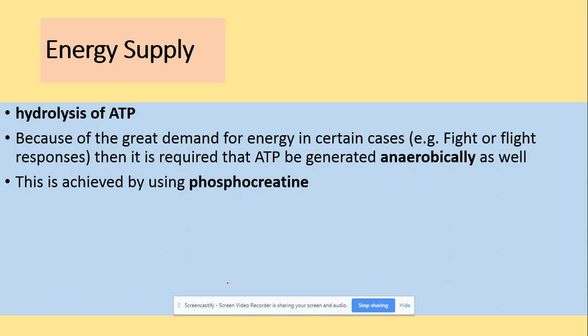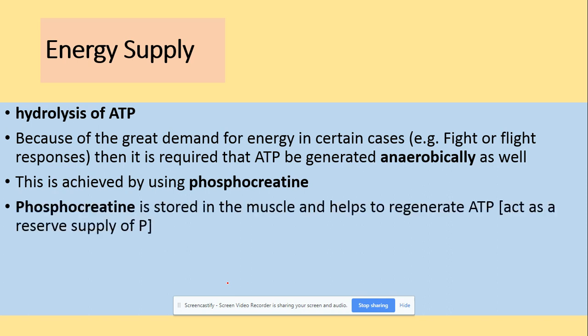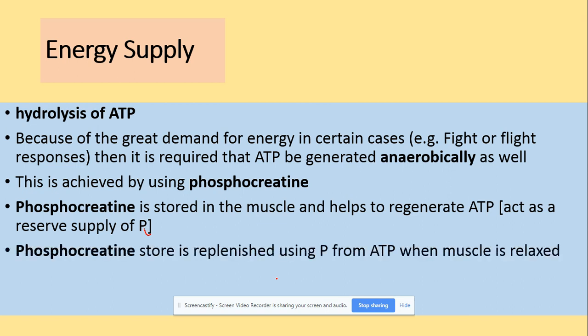So to do so, we need phosphocreatine. So phosphocreatine acts as the supply of inorganic phosphate to regenerate ATP. So the main job of phosphocreatine is to store inorganic phosphates, for replacement using inorganic phosphates from ATP when the muscle relaxes.